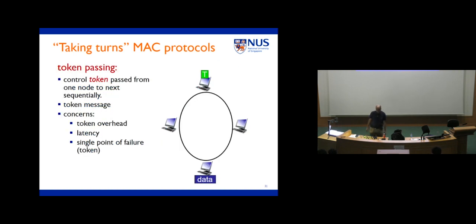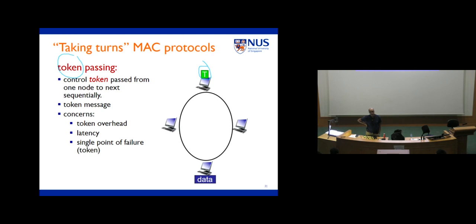This is polling. And then the other protocol that we can have in terms of taking turns is, now we don't need a master anymore. Let's say I want to get rid of the master. So now what we can do is something called a token passing protocol. In this case, the network is usually organized in the form of a ring, right, a circle. And there is a special packet called the token.